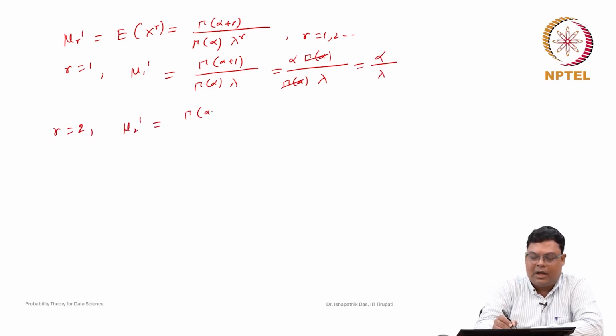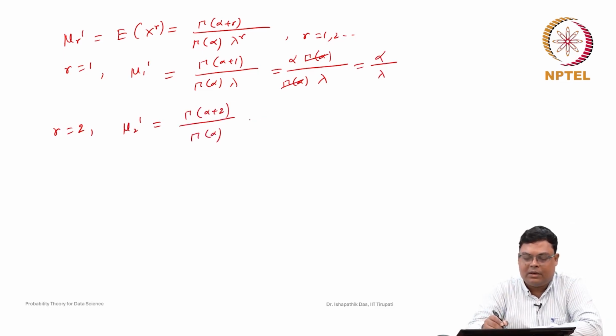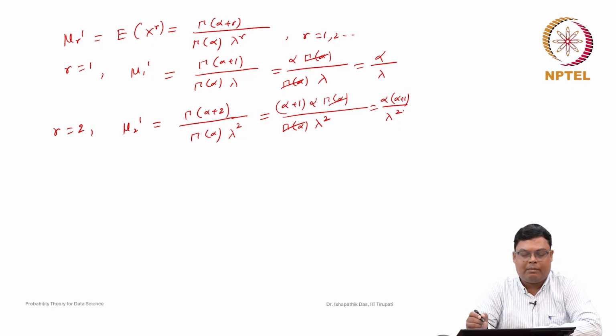Mu 2 dash will be gamma alpha plus 2 by gamma alpha, and lambda to the power r is there, so this will be lambda square. Then we simplify: gamma alpha plus 2 we can write as alpha plus 1 times gamma alpha plus 1, and gamma alpha plus 1 we can write as alpha gamma alpha. So, gamma alpha cancels, and this is nothing but alpha into alpha plus 1 by lambda square. So, this is mu 2 dash.